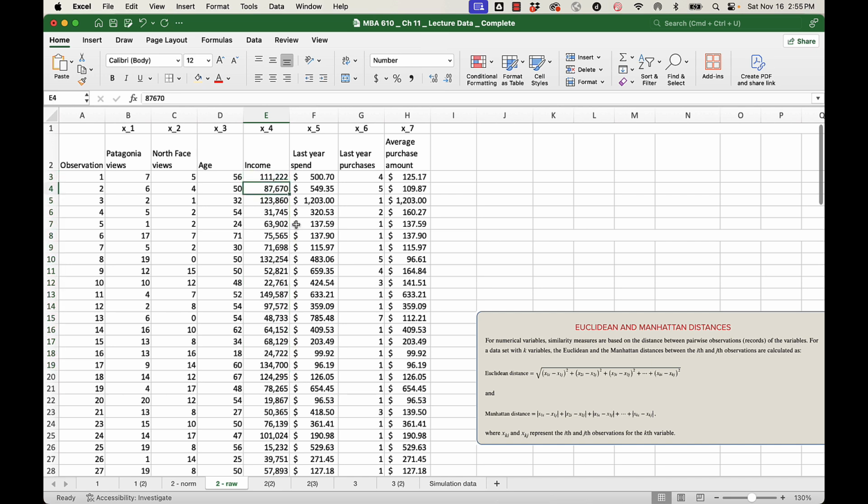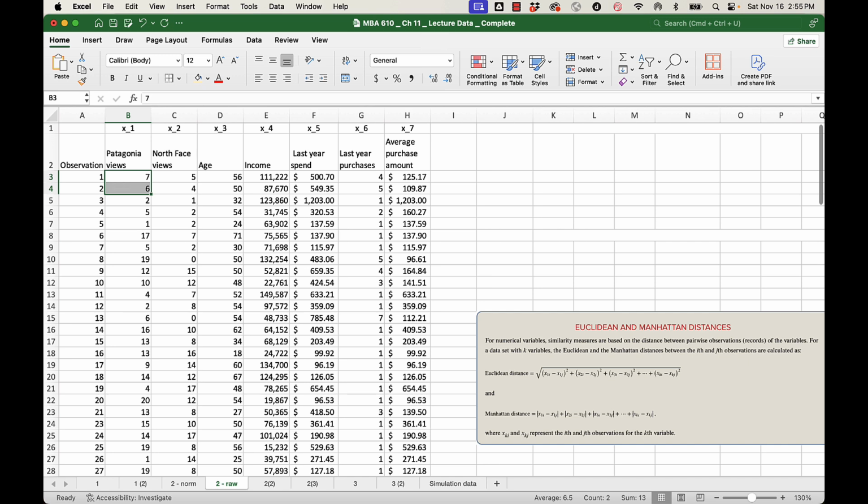Here we've got a difference between income and income, like what is that? I'm just going to call it 30,000. That difference of 30,000 is going to dwarf the difference of 1 for Patagonia views. And income is one variable, but we don't want to let it dominate. Otherwise, we'll just be looking at how similar people are with regard to income.